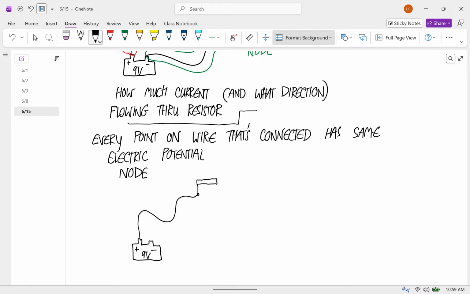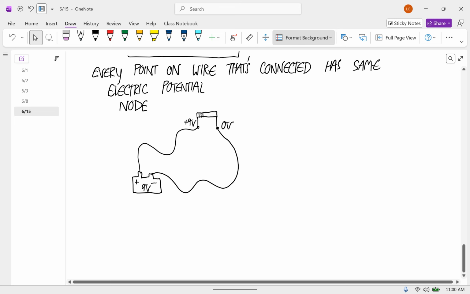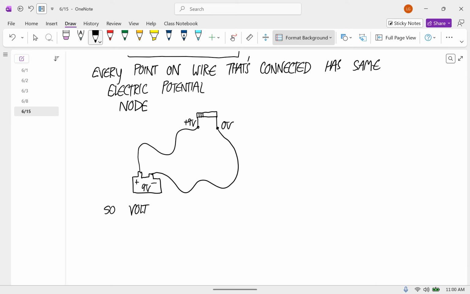What we've figured out now is the voltage across that resistor. This one is at +9, and this one is at 0. So the voltage across the resistor is 9 volts.